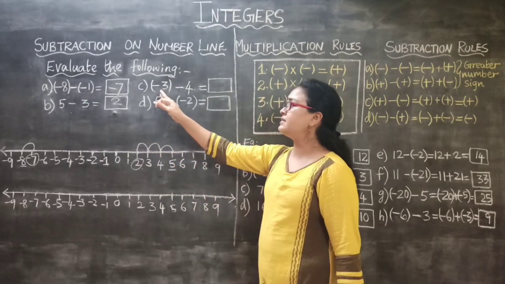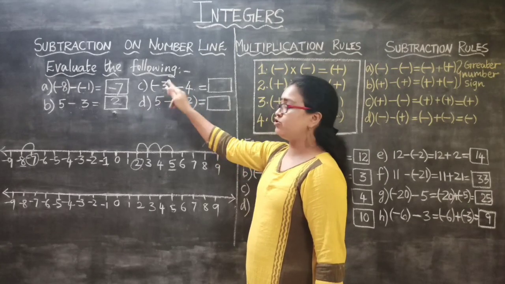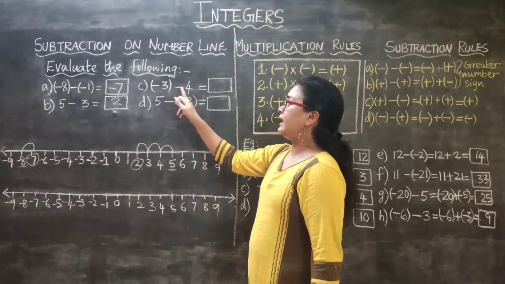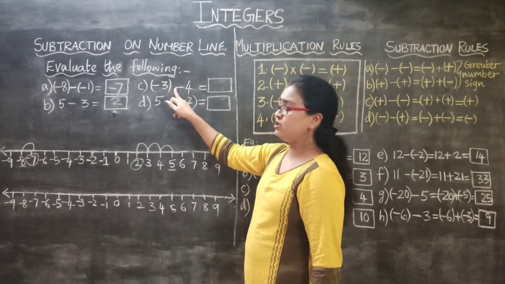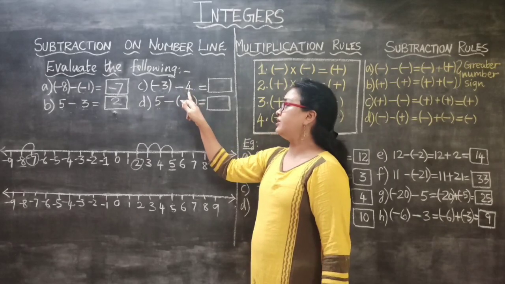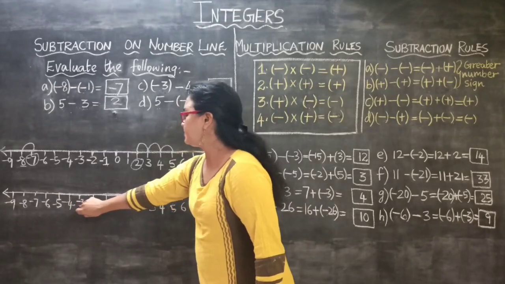Next example is minus 3 minus 4. So one negative integer and one positive integer. When I need to do subtraction with one negative integer and one positive integer, I will mark this minus 3.